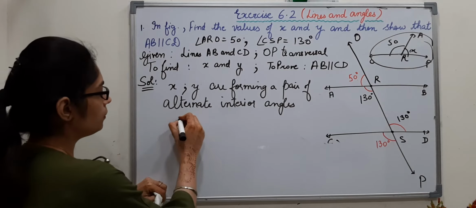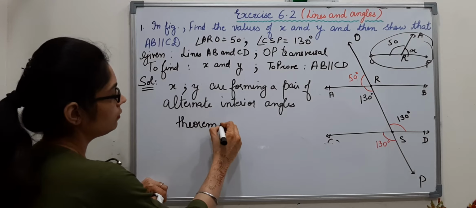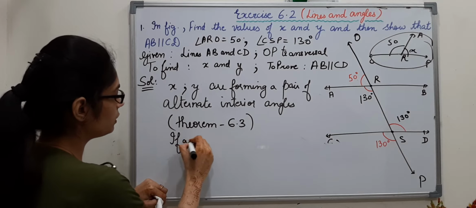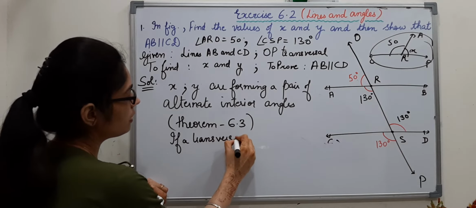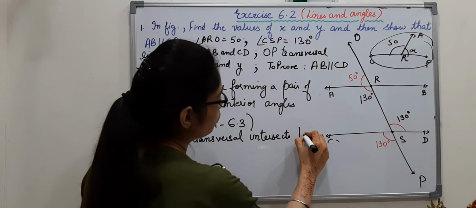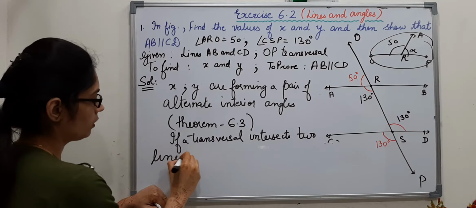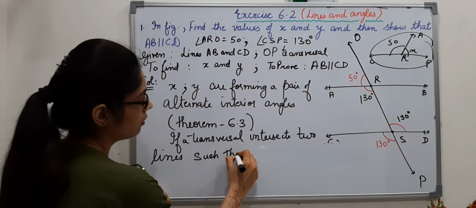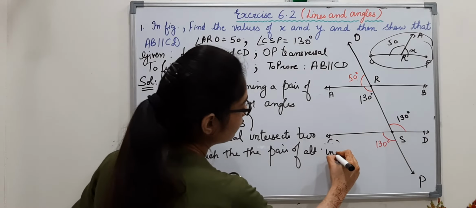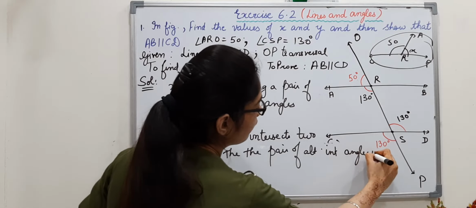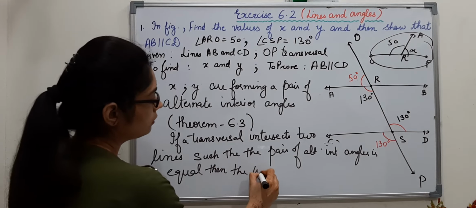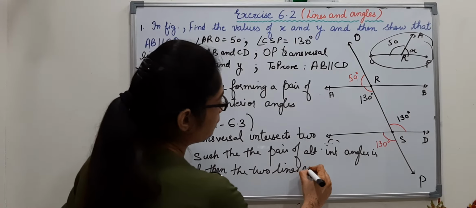So according to theorem 6.3, which we have already done, if a transversal intersects two lines such that the pair of alternate interior angles is equal, then the two lines are parallel to each other.